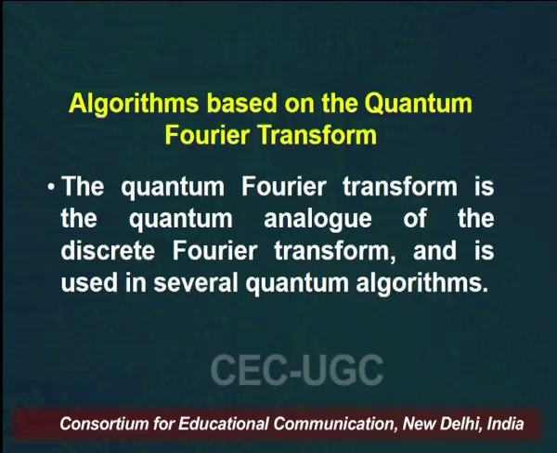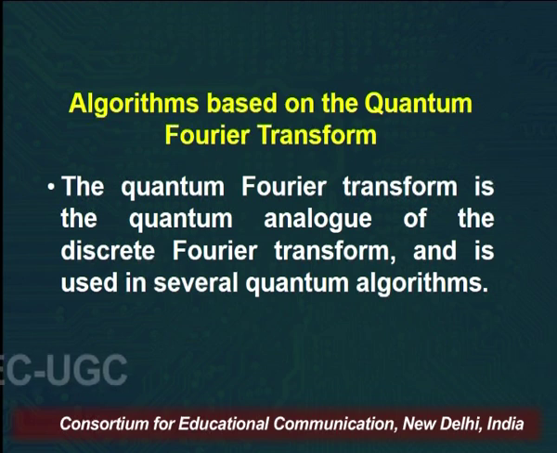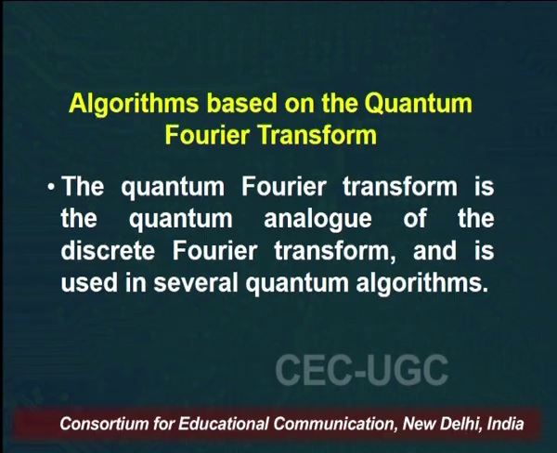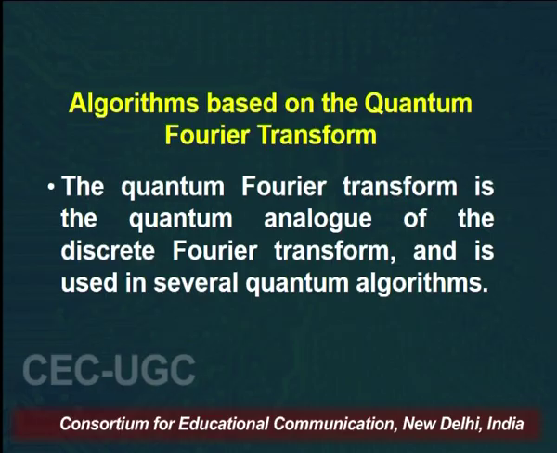Algorithms based on the quantum Fourier transform: the quantum Fourier transform is the quantum analog of the discrete Fourier transform. Discrete Fourier transform means we have various steps of transformation, and it is used for several quantum algorithms, and multiple solutions can be found simultaneously through this Fourier transform in a discrete manner.